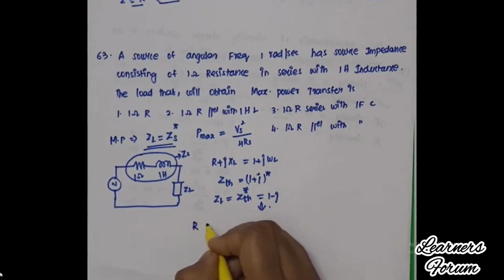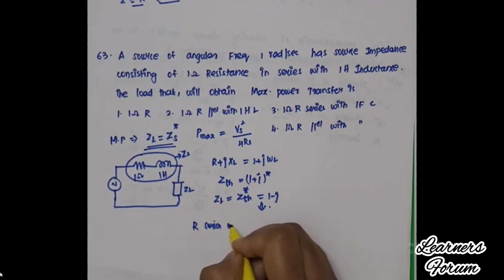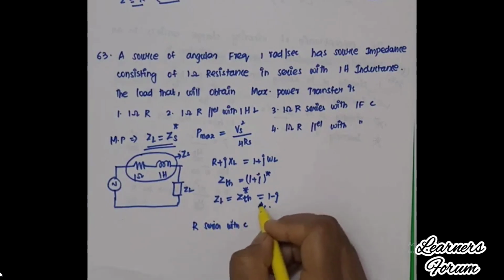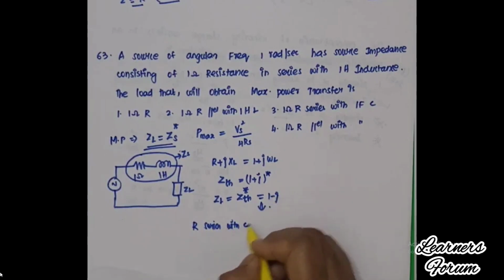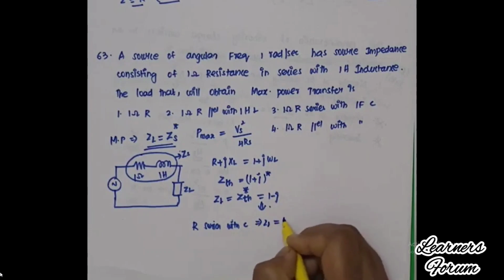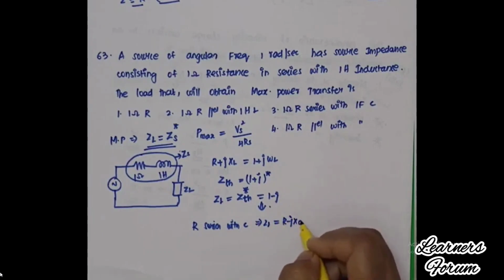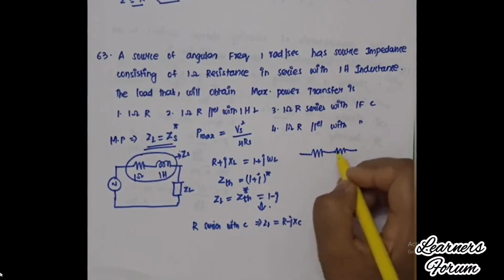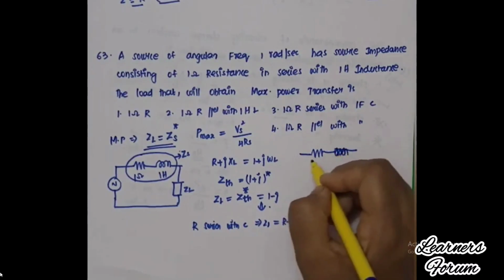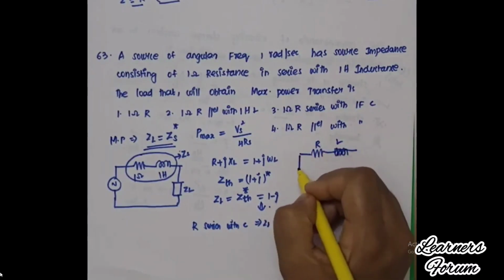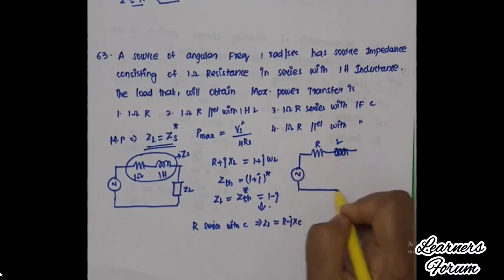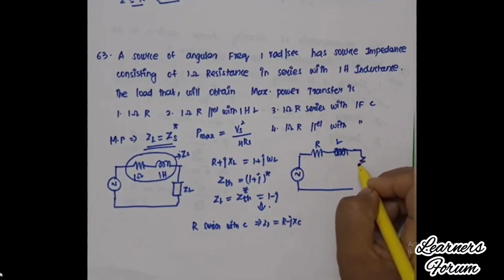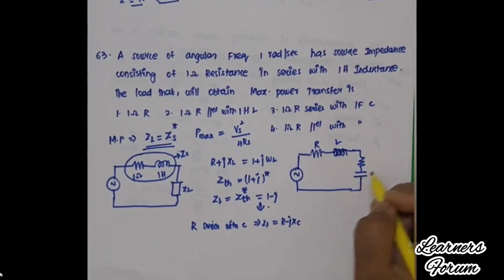So this is the value to get the maximum power, which means we have to connect a resistor in series with a capacitor to get the value of 1 minus j. Only then the value of Zs will be equal to R minus jXc. So the circuit will be now R followed by an inductor, and we have a source here, and in the load side we will have a resistance R followed by a series connected capacitor of 1 farad.